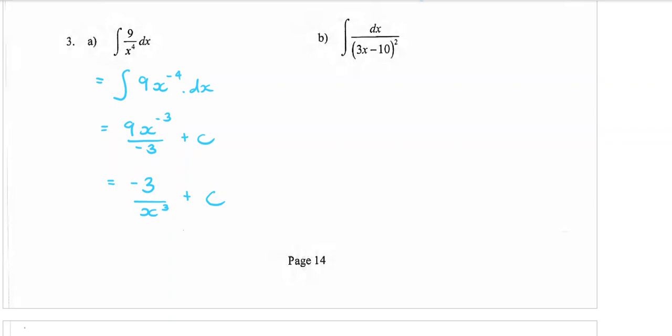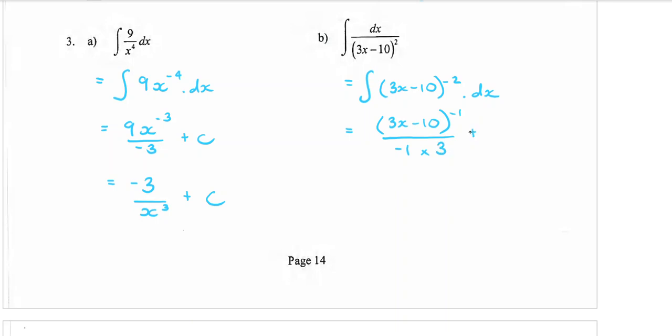Okay, B. Fractions and brackets, we can do this. First of all, change it to bring the denominator up. 3x minus 10 to the power of negative 2 dx. We'll sit that dx out the end there. Then keep the bracket the same. Adding 1 to the power makes negative 1. Divide by the negative 1 and times that by 3.